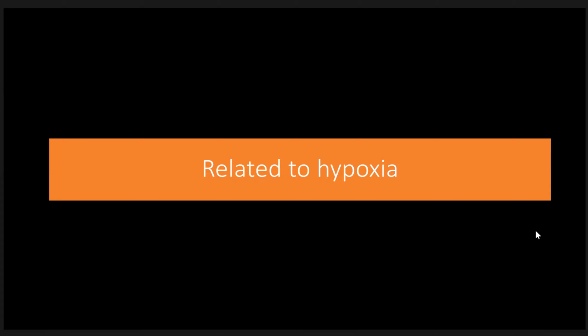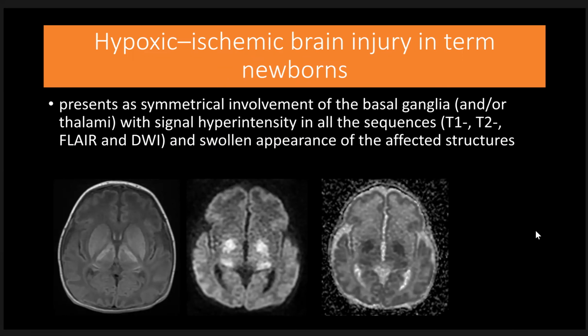The first category is related to hypoxia, and we have hypoxic ischemic brain injury in term neonate or newborn, presenting as symmetrical involvement of the basal ganglia with or without thalami, with hyperintensity in all sequences, T1, T2, FLAIR and diffusion, and associated with swelling of the affected structure.